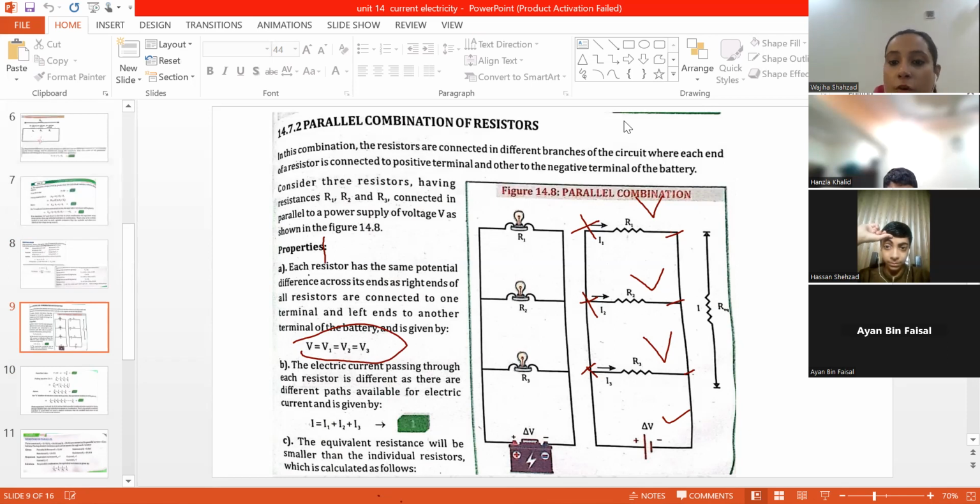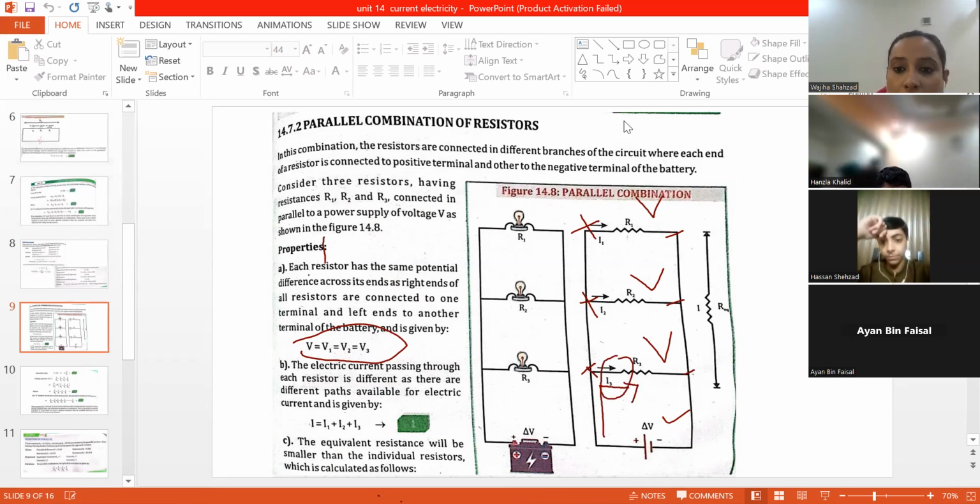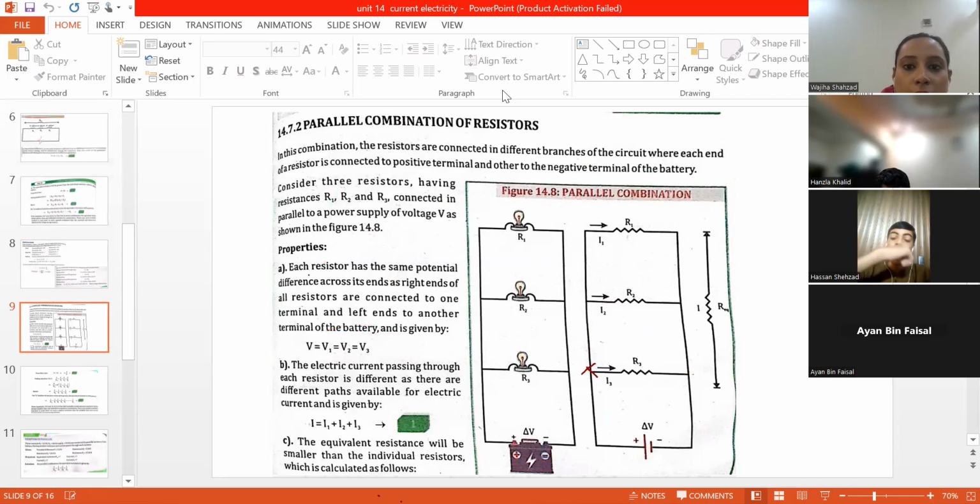But in a parallel combination, the current will be divided, because when the current flows in the circuit, it will go first toward this resistance and divide over here, represented by I3. Then it will go to the next resistor, mentioned as I2. Then the other resistor, and it will be I1. So in parallel combination, the value of current will change, but the amount of voltage will remain the same throughout the circuit.